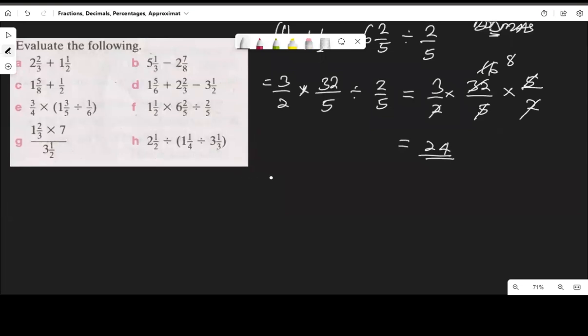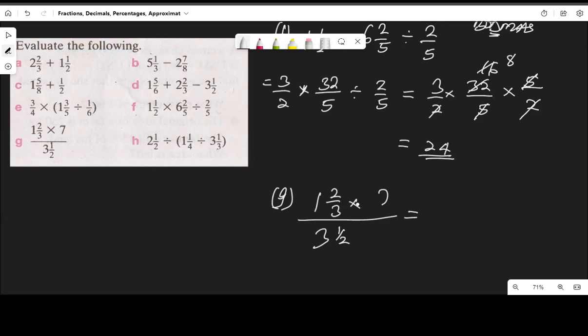Then for G, we have 1 whole number 2 over 3 multiplied by 7 all divided by 3.5.